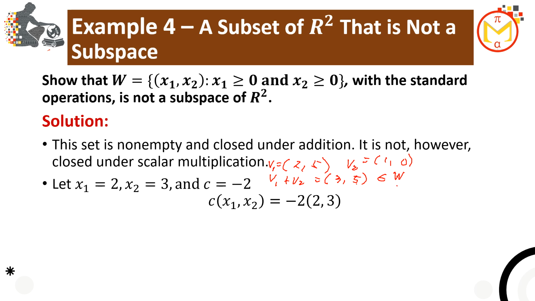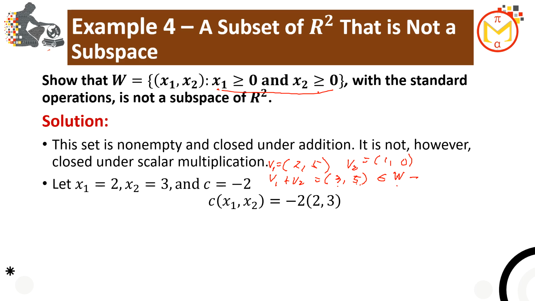The definition of our subspace is that the values of x sub 1 and x sub 2 are both positive. So if the result when you add is also positive, then it belongs to the subspace.